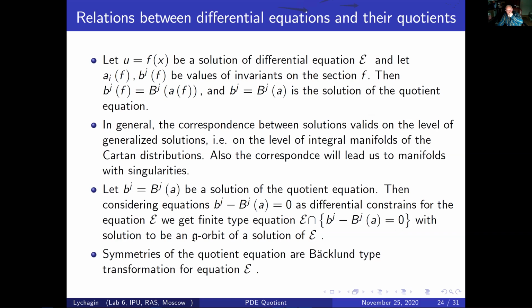In other words, if I take a solution of my original equation, take its orbit, and apply a symmetry of the quotient equation, I will get a new orbit, but not a new solution. So it's a way to get some family of solutions from one solution.